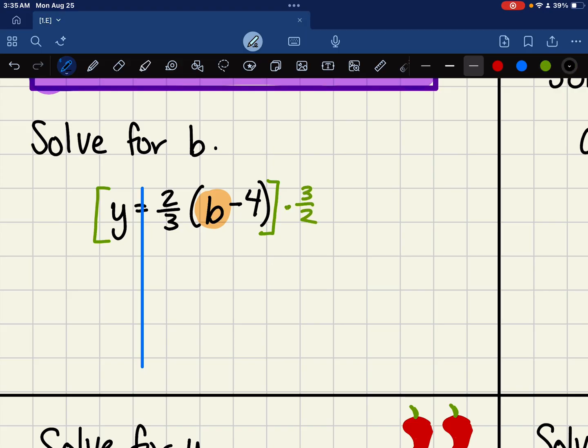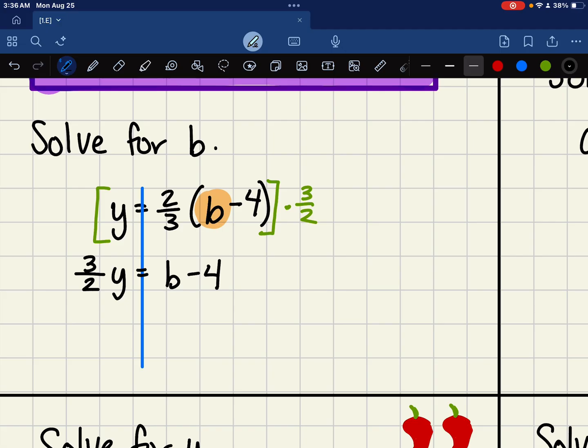Remember where you flip the fraction upside down with copy dot flip? So on the left-hand side, that reciprocal just shows us multiplying to y right here. Because y is a letter, it's not a number, you can't actually combine it, so it just sits in front of it. On the right-hand side, the two fractions cancel each other out, and you're left with b minus 4.